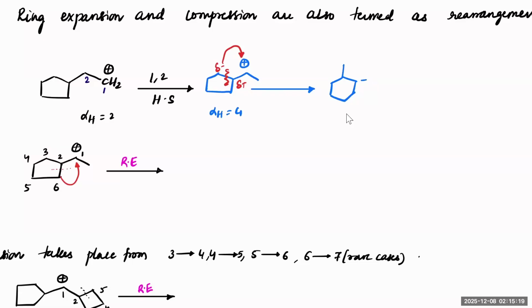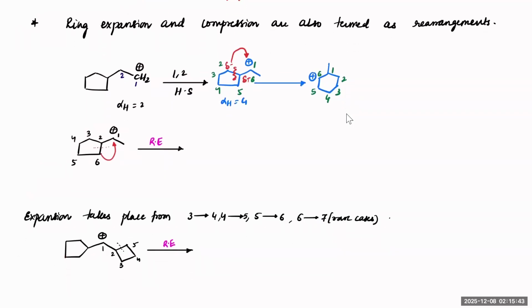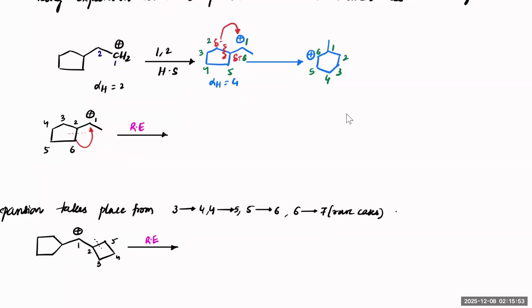Okay, sorry. Let me put the numbering also for the sake of it. Here we have positive. I'll show with the numbering here: 1, 2, 3, 4, 5, and 6. So you can see this is 6, 5, 4, 3, 2, 1. This is how the ring expansion takes place. So this is the same thing I have written.